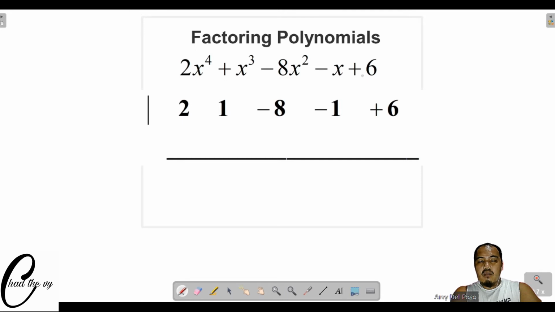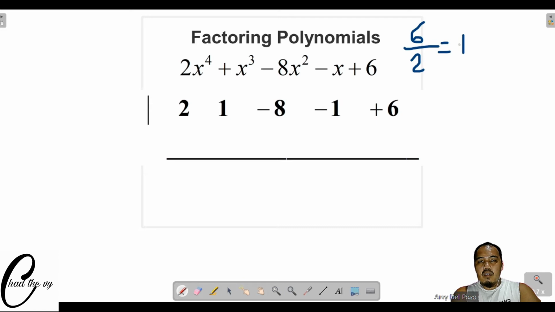Then, gamitin natin yung natutunan natin sa root theorem. Ano ba yung possible root na meron tayo dito sa constant? Then, factor ng 6 over 2. So, yun ay 6 over 2. Okay.